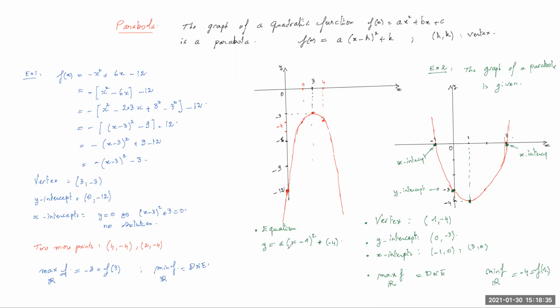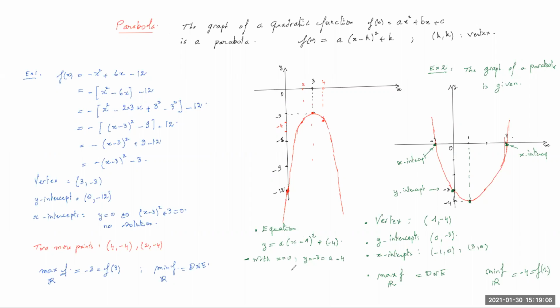For that, I can use the y-intercept. With x equals 0, we know y is -3, but if we substitute 0 in the formula, I will get a minus 4.